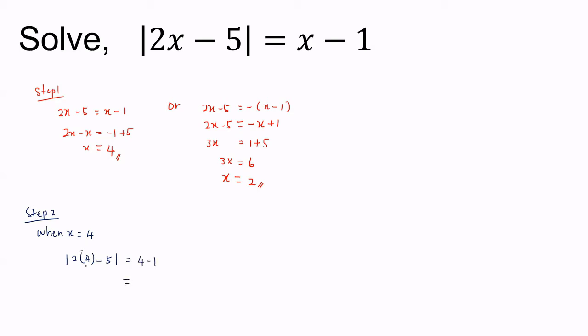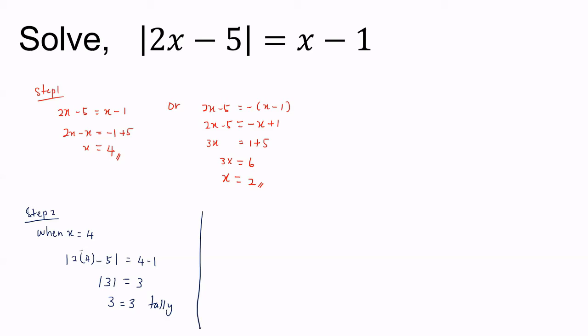This is 8 minus 5, we get 3, and 4 minus 1 is 3. When we compare both sides, it tallies. So this critical point is a solution when it is positive.